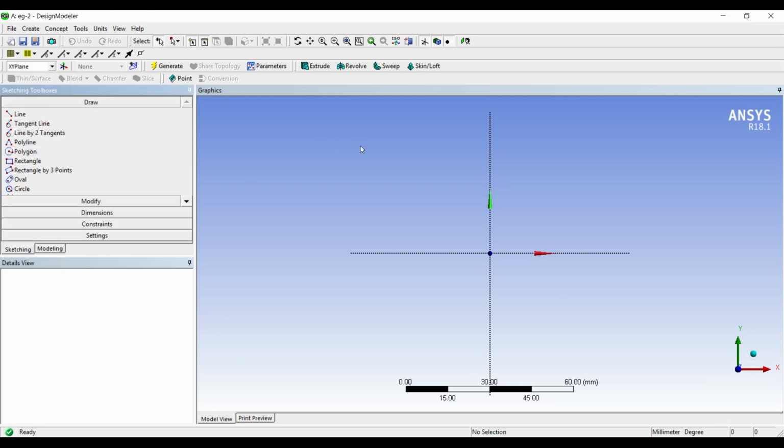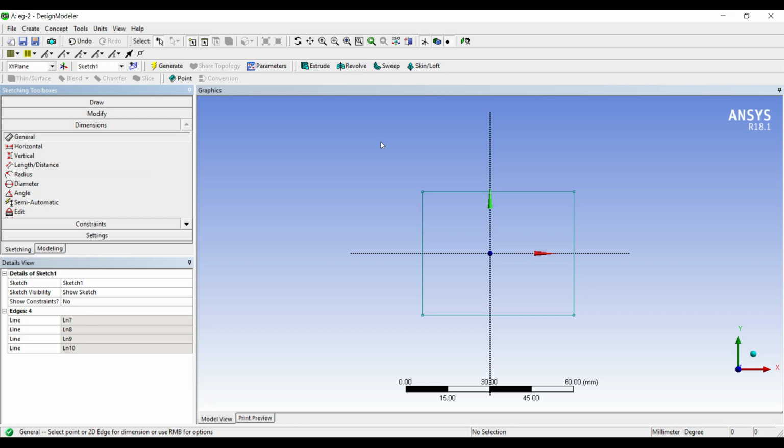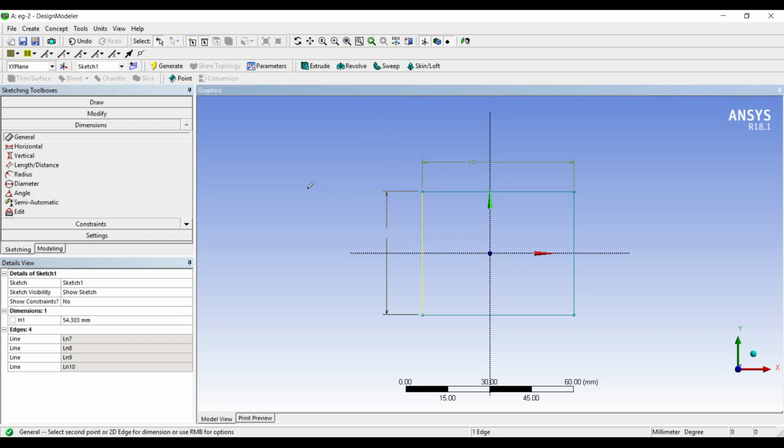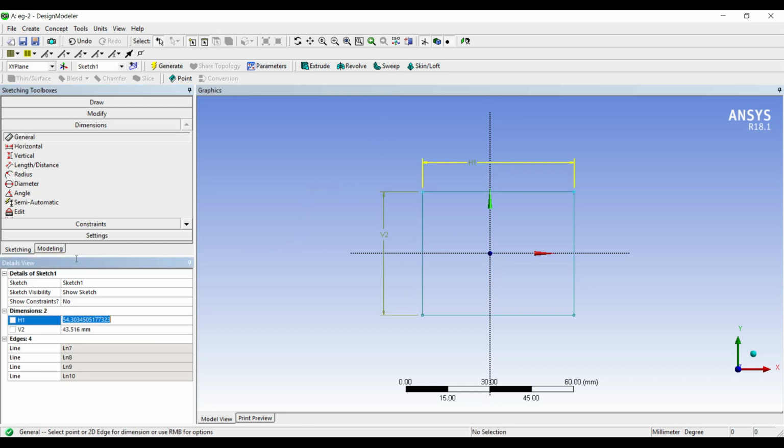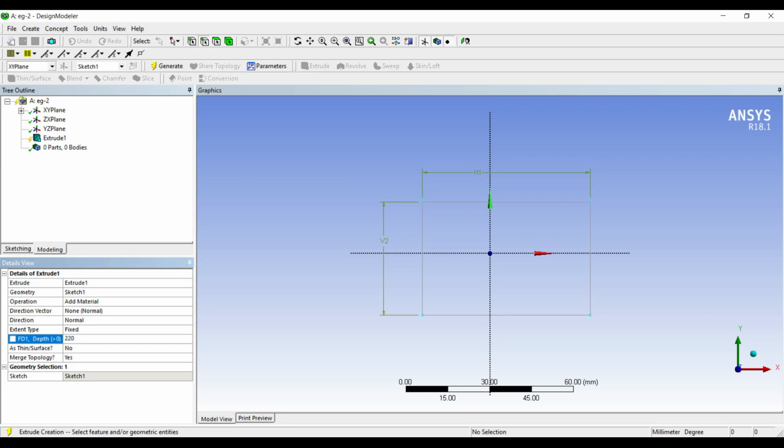I'll choose rectangle. I'll give it some dimensions. Say the breadth is 60 and the height is 40. I'll extrude, apply, thickness is 220, generate.